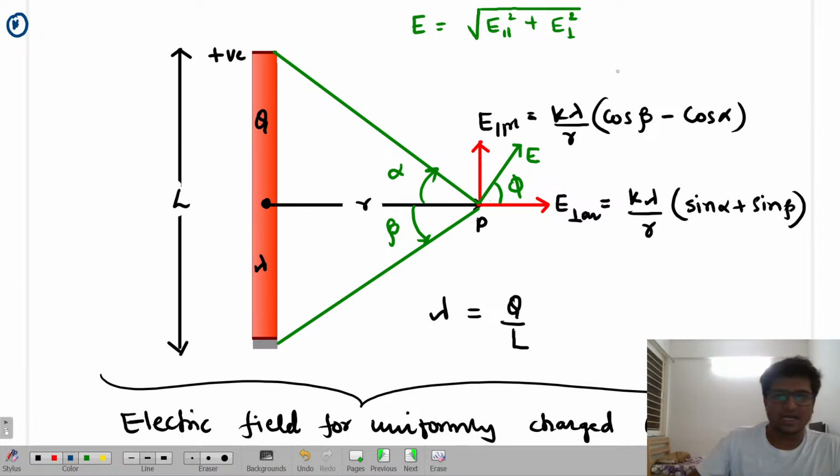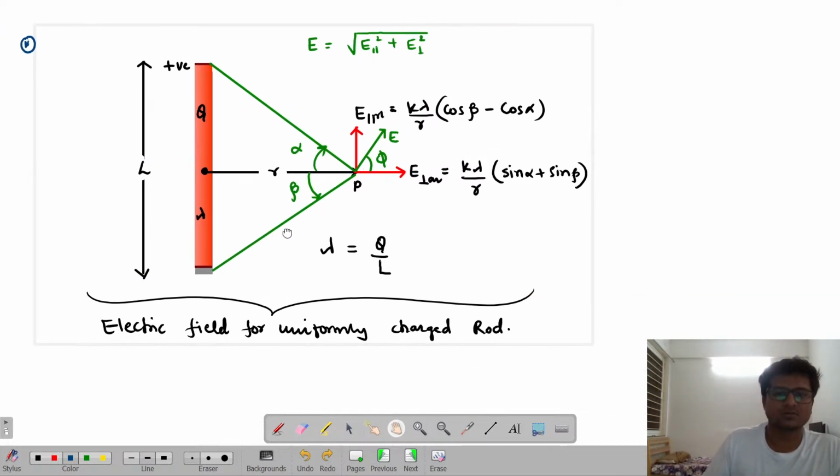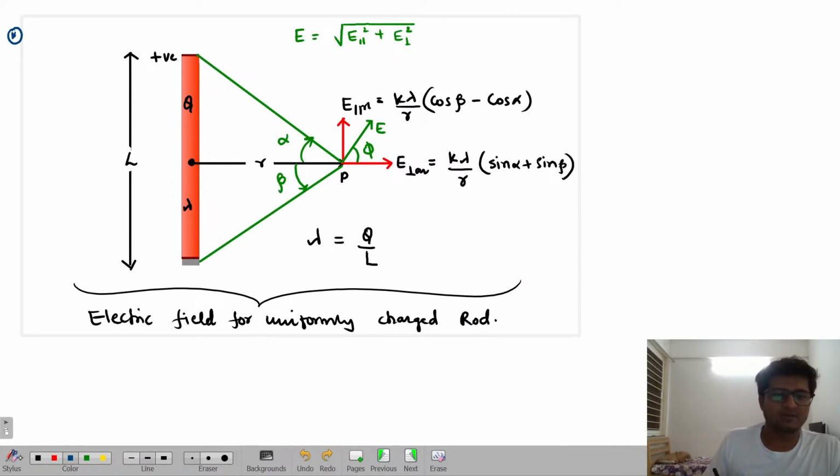So to calculate that, if I take tan phi, then tan phi will be perpendicular by base, isn't it? Perpendicular is E parallel and base is E perpendicular.